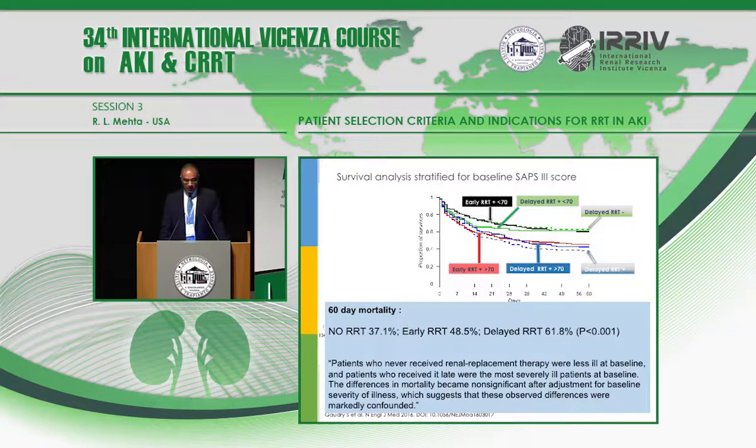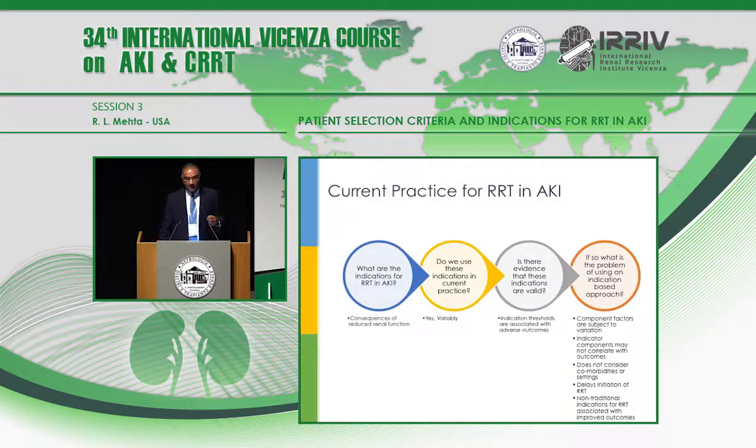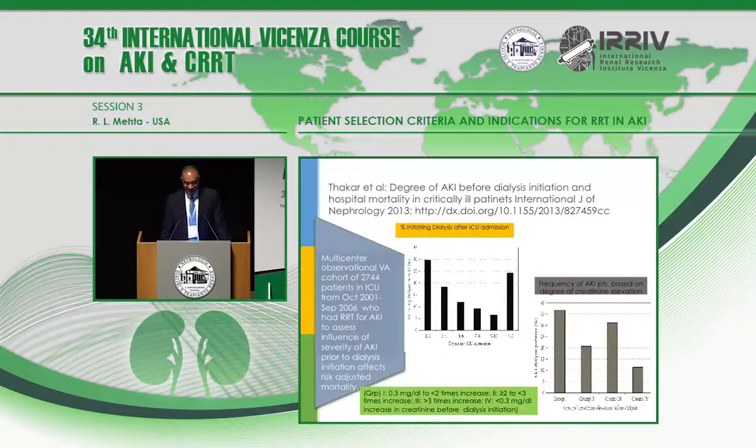Those who got early dialysis was 48.5, and delayed was 61.8. Now, these were attenuated when you controlled for the underlying baseline severity of illness. But what it points out is that you do pay a price for waiting in this patient population, and therefore illustrates the fact that if you look at only traditional indications, you may not have the best opportunity to detect when you should be able to offer dialysis in this setting.